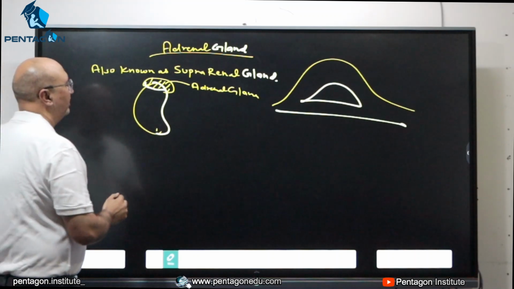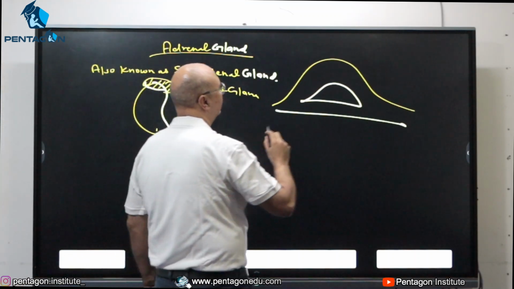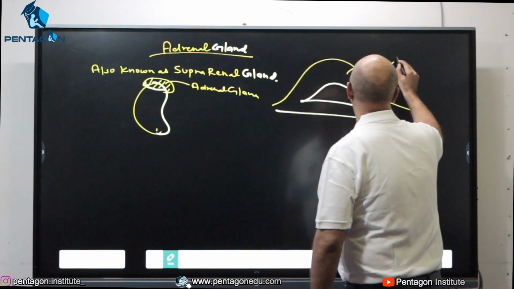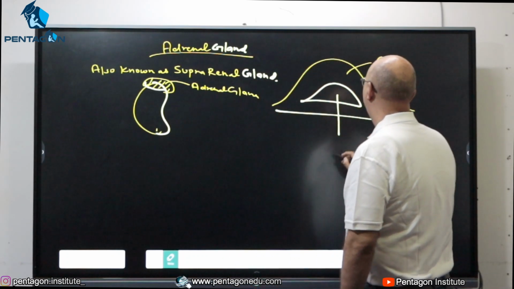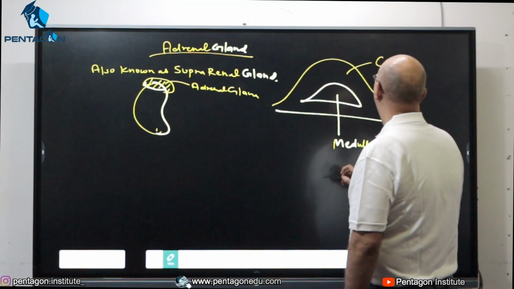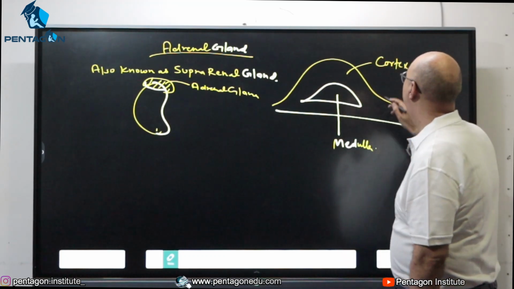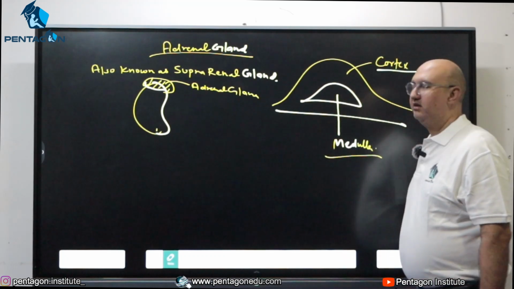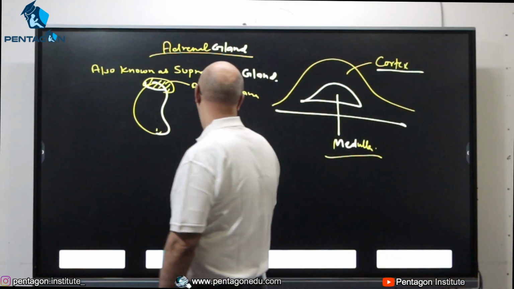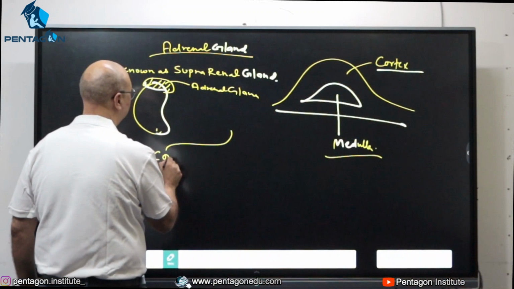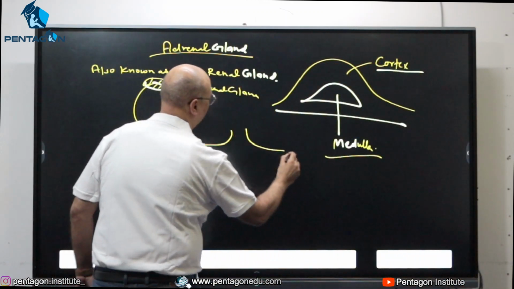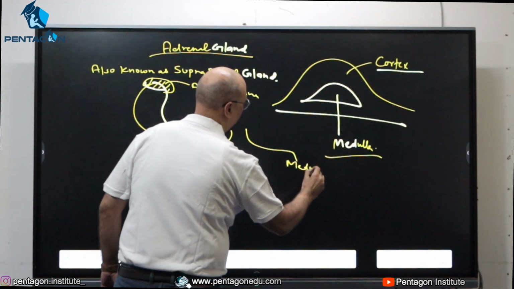Its outer portion is known as the cortex, and the inner side is known as the medulla.